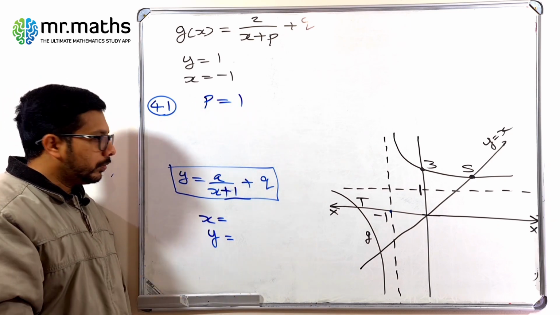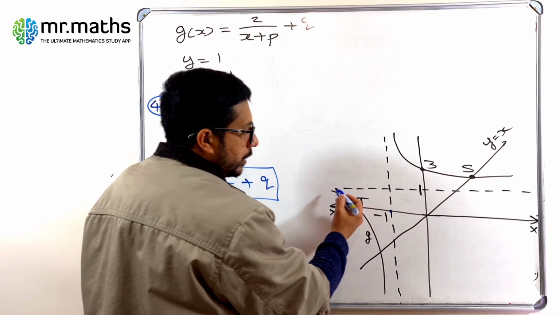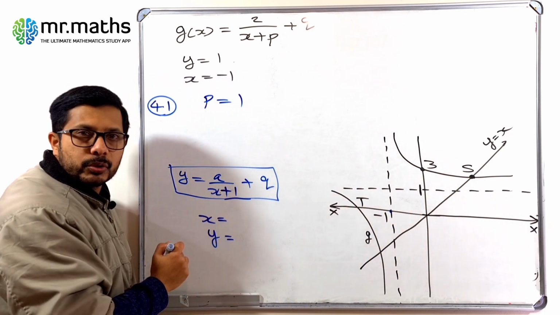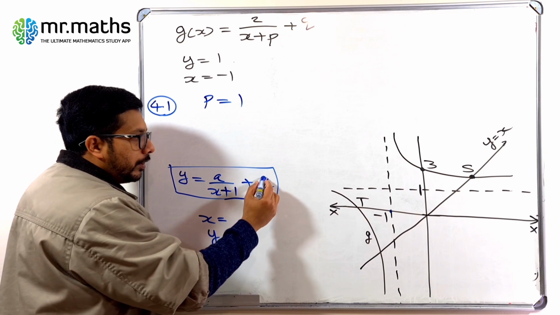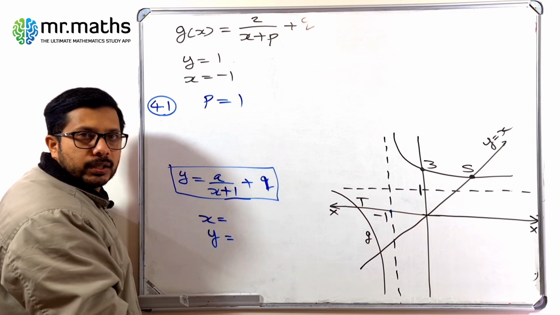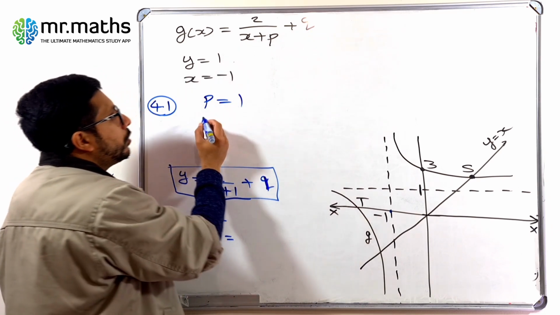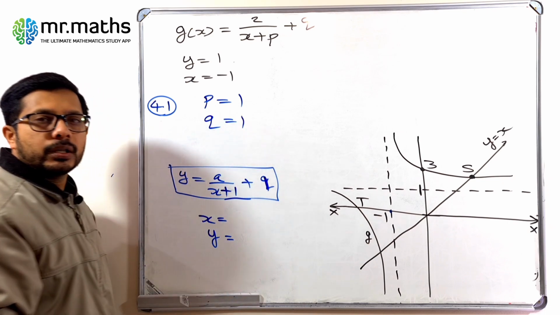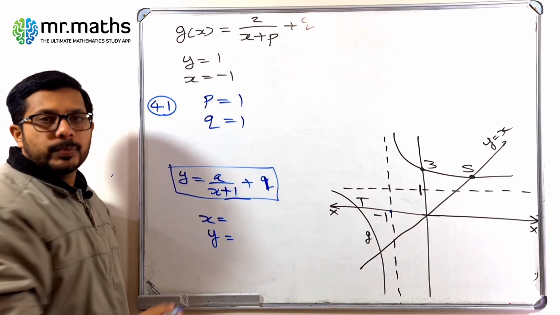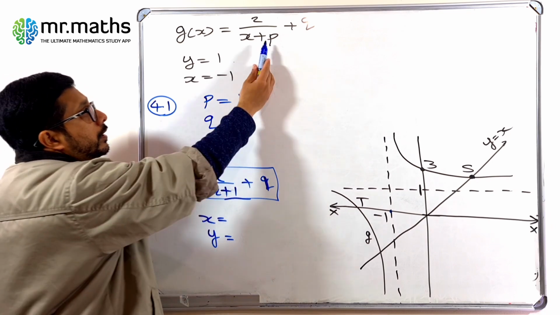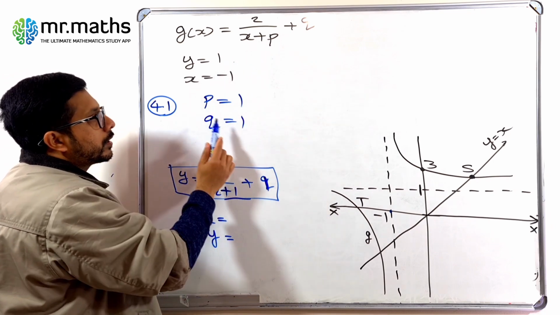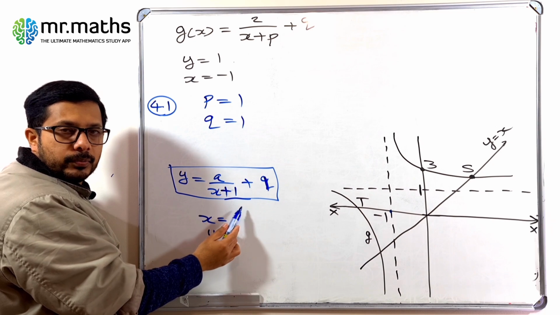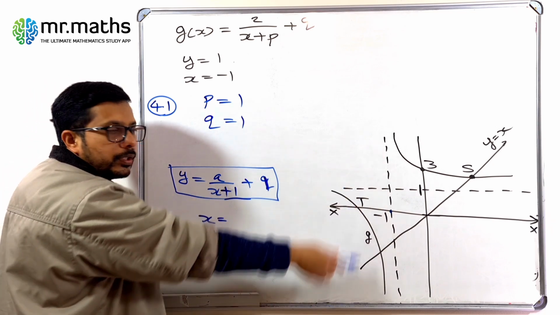Next, there is no change for the horizontal asymptote. If here it is positive 1, here also it is supposed to be positive 1. That means the value of q is 1. So when you are writing the value of p, you must be careful. Here it is x plus 1, and plus 1 means on the graph it is minus 1.